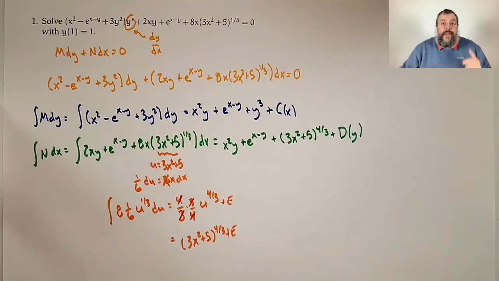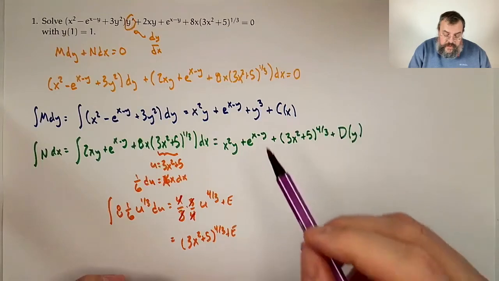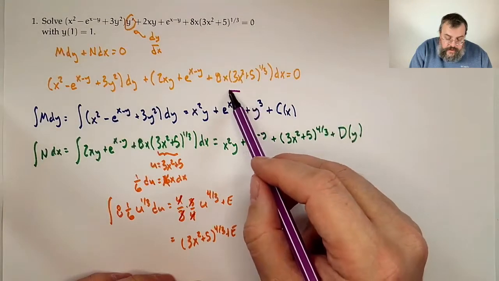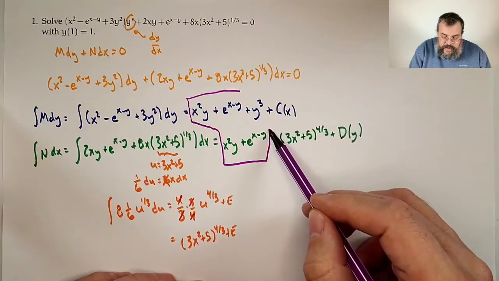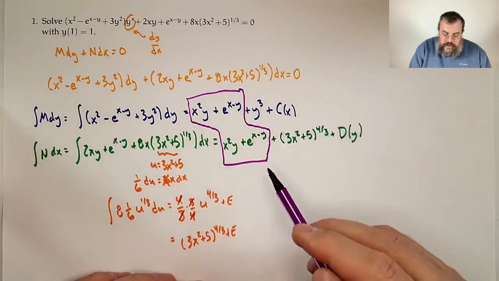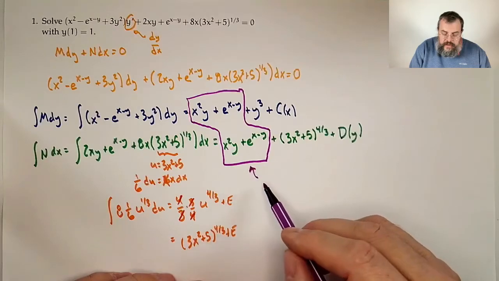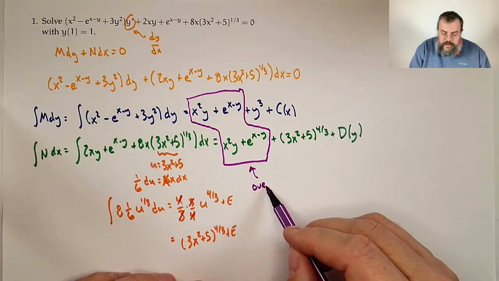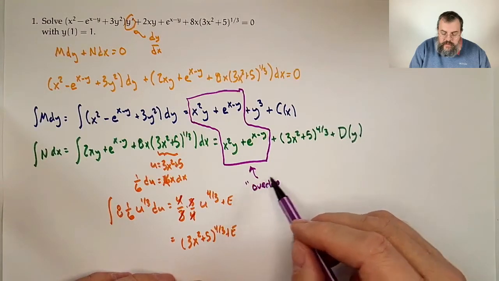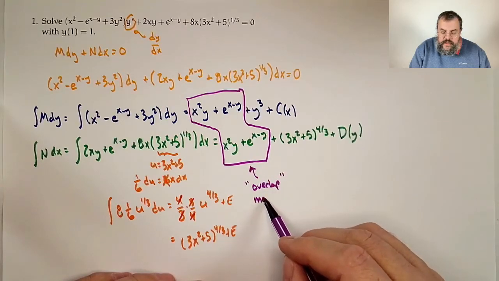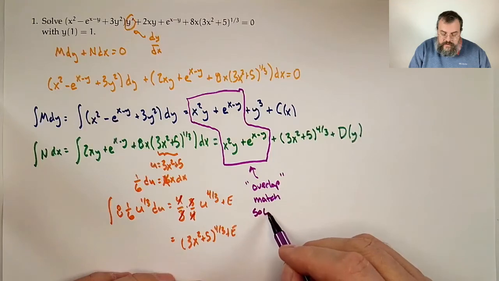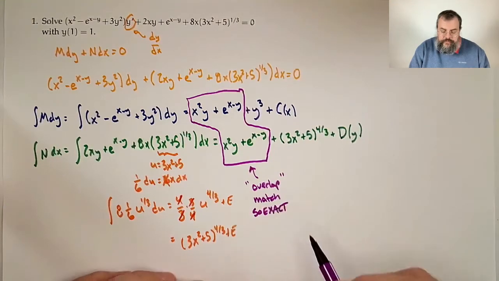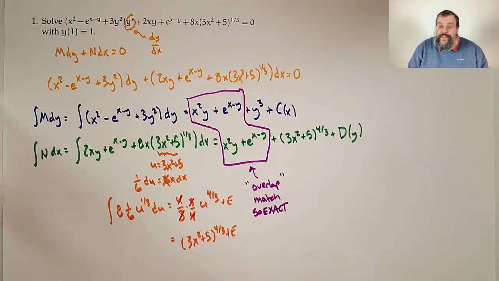This is where I would say, hey, let's test for exactness. And here's the test. You compare the pieces that have both x and y in the function. And you say, okay, the overlap, in other words, things with both x and y match, and that's all you need. And so we say, aha, so this is exact. Good. And now we're basically done.